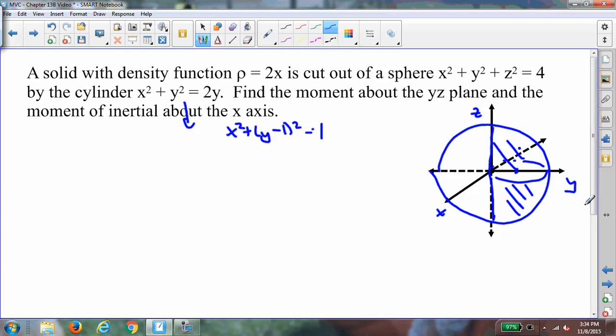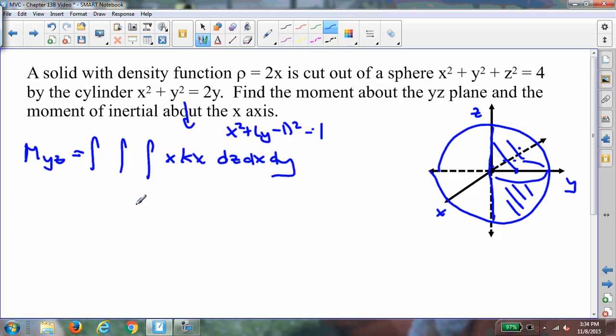So let's start with the moment about yz. Moment about yz, triple integral. The distance would be x. The density would be kx. If we set this up dz, dx, dy, let's say. Upper surface for z would be the top half of the sphere, so square root of 4 minus x squared minus y squared.